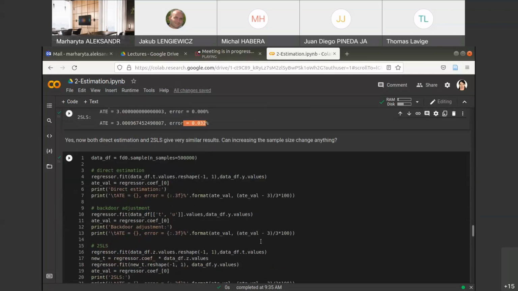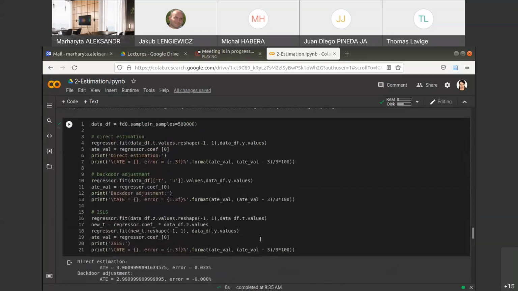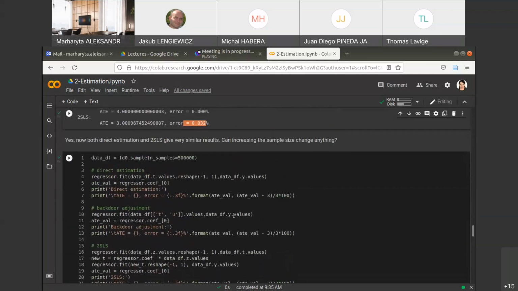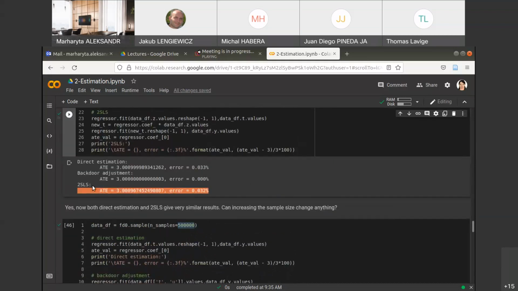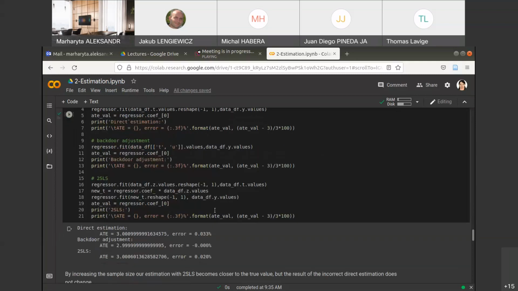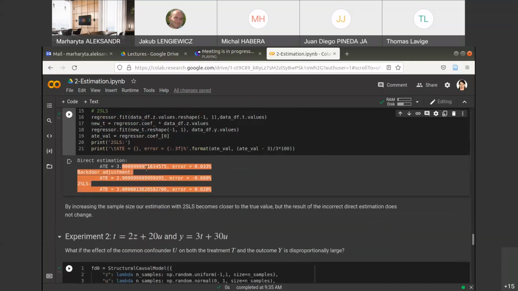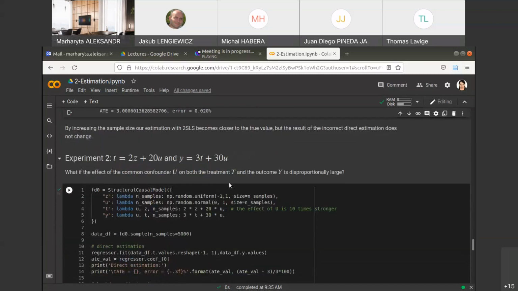However, the fundamental difference between these two cases is that by increasing the sample size, we can improve the estimation of the statistically correct quantity, that is two-stage least squares, but our naive estimation will not be improved. And this is what is shown here. When I add more data, this estimation is improved and the previous one is not.